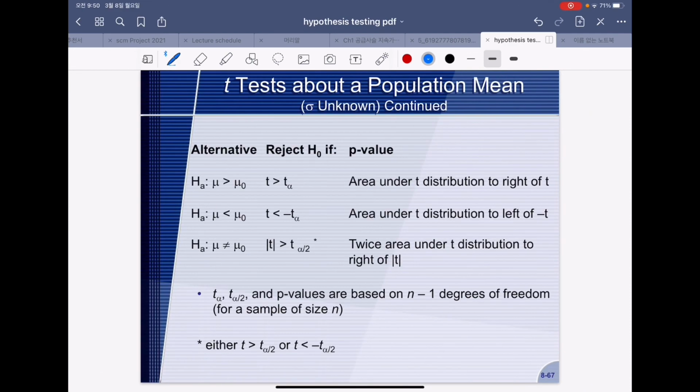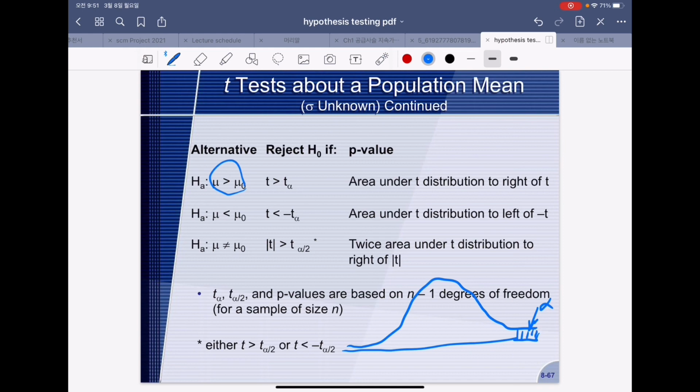The logic behind the hypothesis testing when sigma is unknown is the same as before, right? So let me draw T here. T looks like the normal curve. Suppose you have an inequality like this in the alternative hypothesis. The rejection region is here, and this one is decided by the alpha.